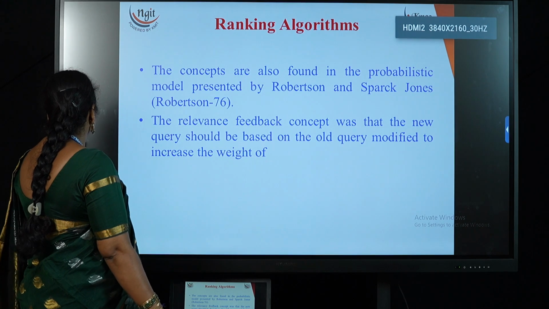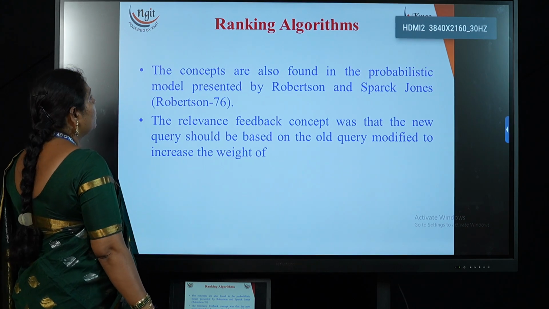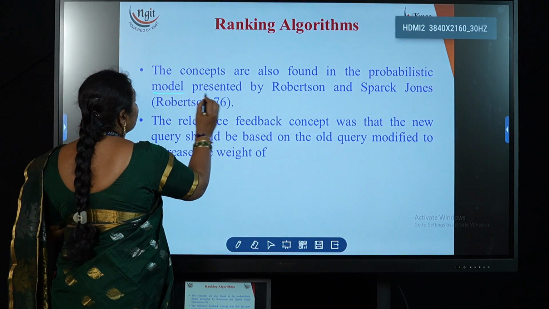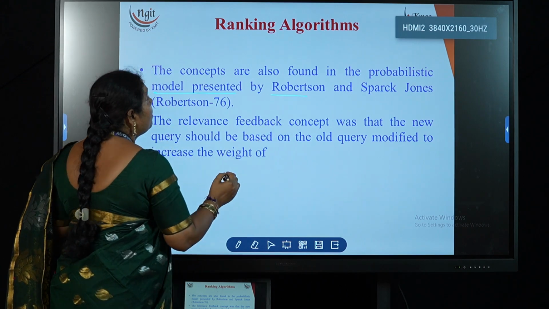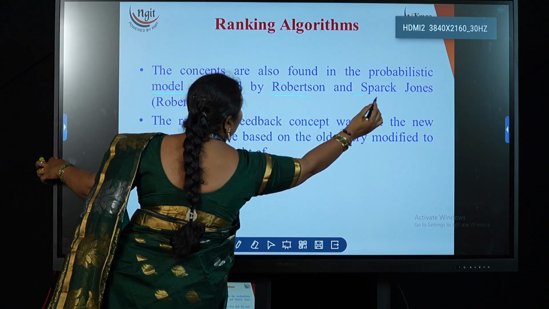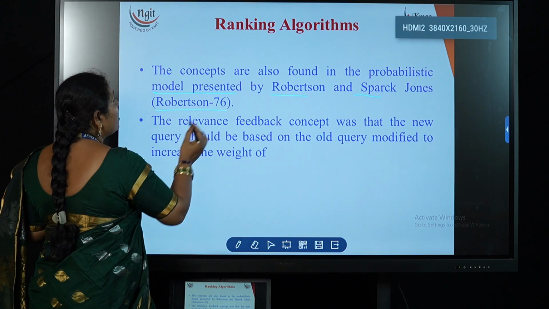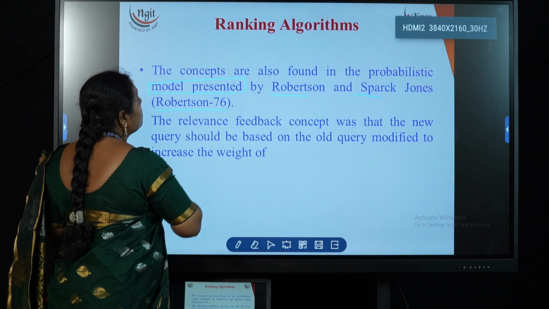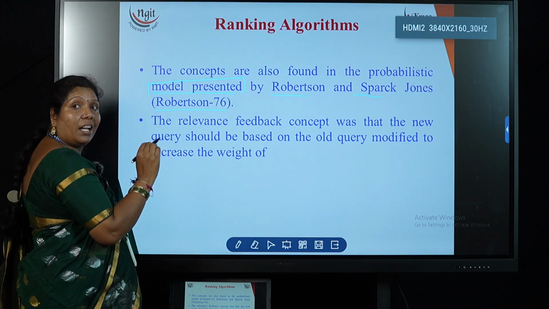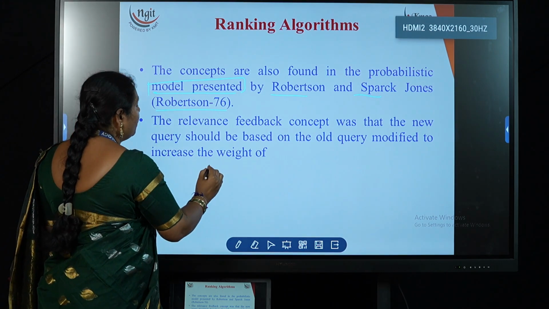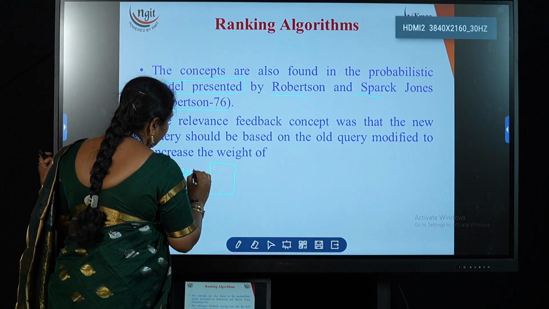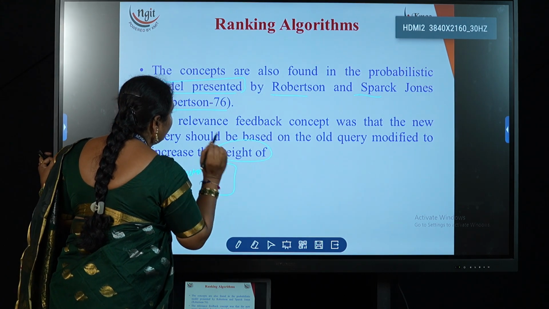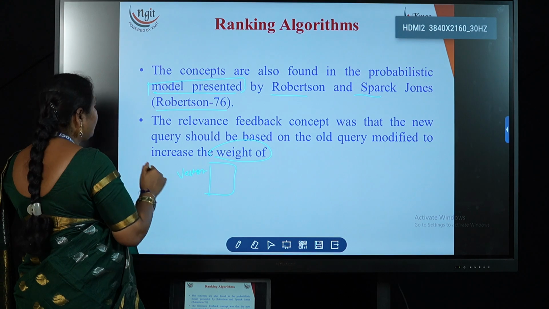This concept was found according to the probabilistic model by Robertson. Previously he was taking relevancy according to the weightage, and he started working on the probabilistic model, where he presented the probability of this particular ranking element in your vector. How are you going to calculate the weight of that particular vector, and what formula are we going to use?